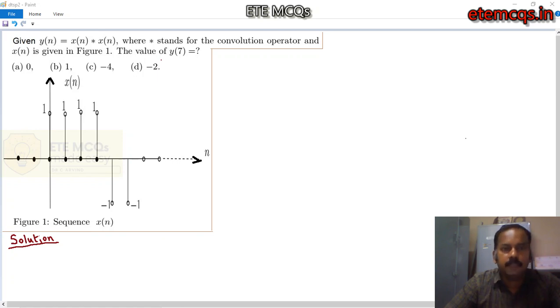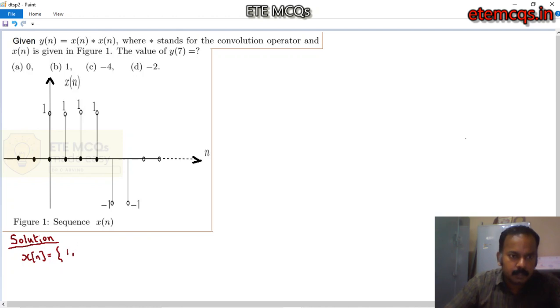In order to find the value of y of 7, we just try to represent this x of n in discrete form. So what is x of n? In discrete form, x of n is nothing but the signal starting from origin 0.